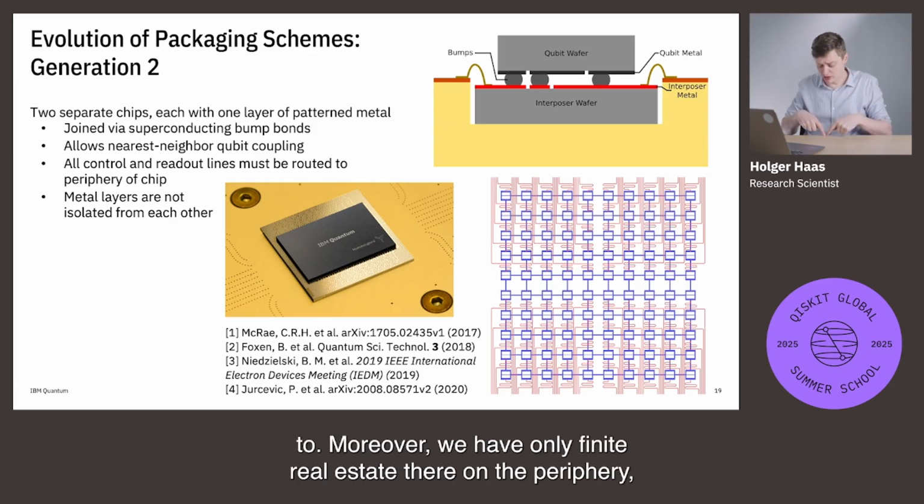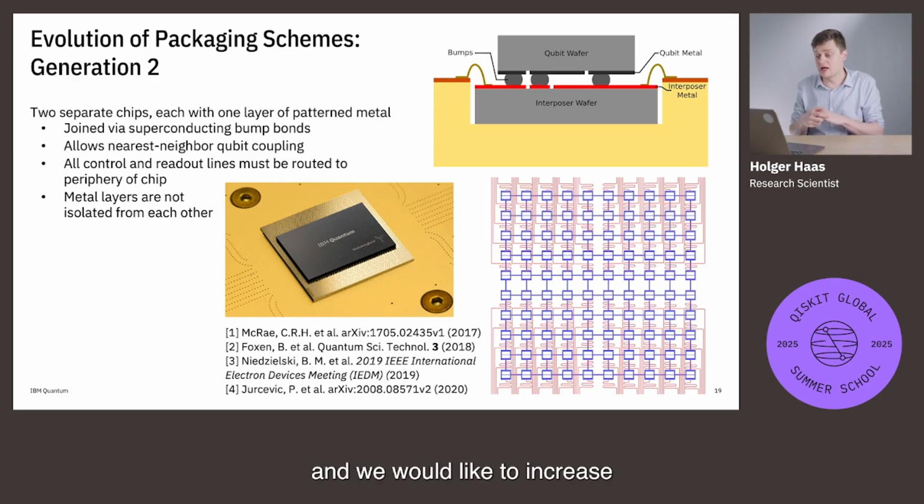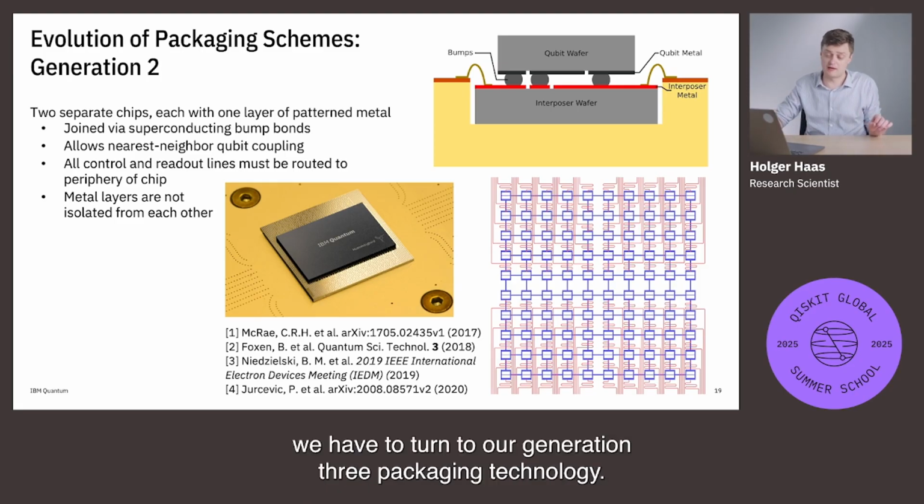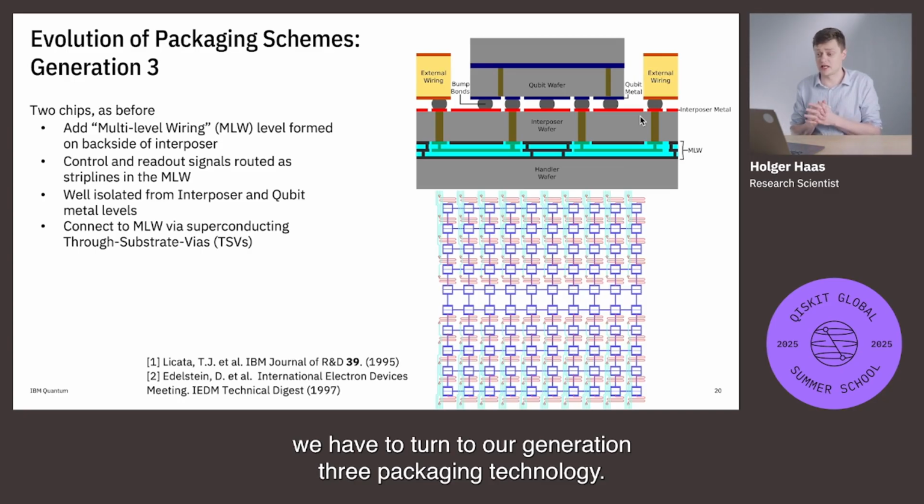Moreover, we have only finite real estate on the periphery, and we would like to increase the amount of signals that we can get in and out of that interposer, for which we have to turn to our generation 3 packaging technology.